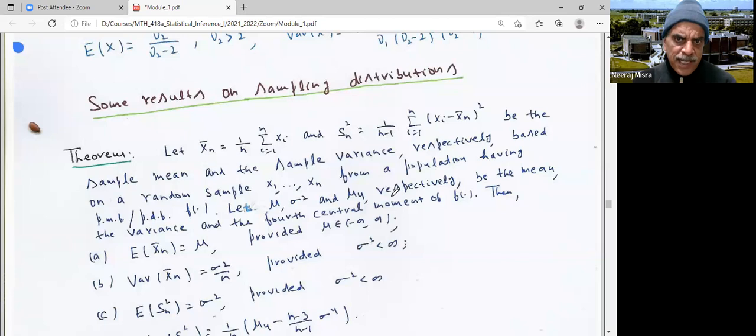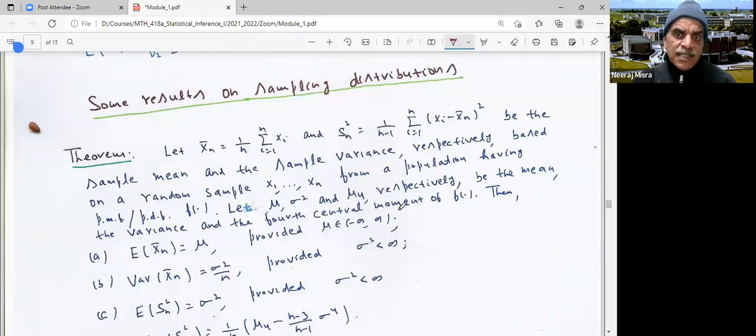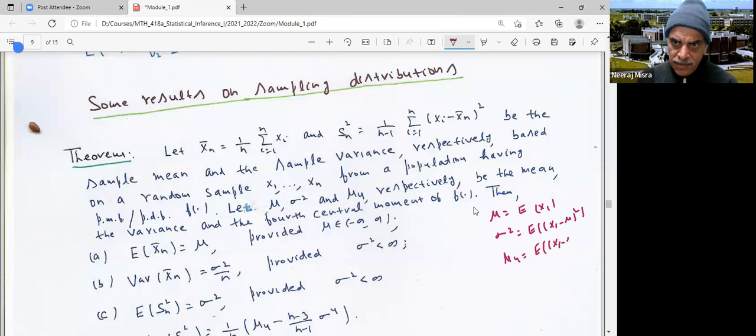Let mu, sigma square and mu4 respectively be the mean, variance, and the fourth central moment of f. So mu is expected value of x1. Sigma square is variance of x1, which is expected value of x1 minus mu whole square. Mu4 is expected value of x1 minus mu whole 4.